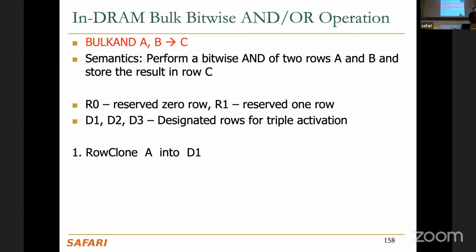Okay, so one of the things, as you have observed in the previous operation with the majority operation, is that in the end you destroy the original values, right? If you activate 3 rows at the same time, when activating the sense amplifier, the 3 cells will end up having the same value. That is the result of the majority operation.